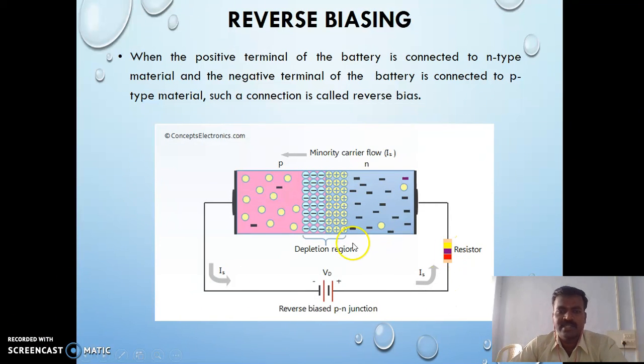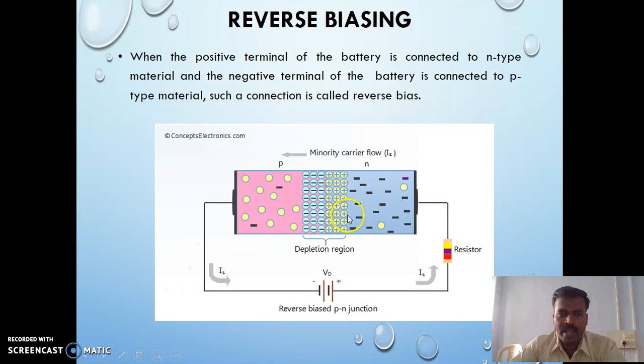Under the reverse bias condition, look at the picture. The P-type region is connected to the negative terminal of the battery and the N-type region is connected to the positive terminal of the battery. Due to this battery connection, the holes are attracted by the negative terminal of the battery and the electrons are attracted by the positive terminal of the battery. That's why the depletion region width increases.